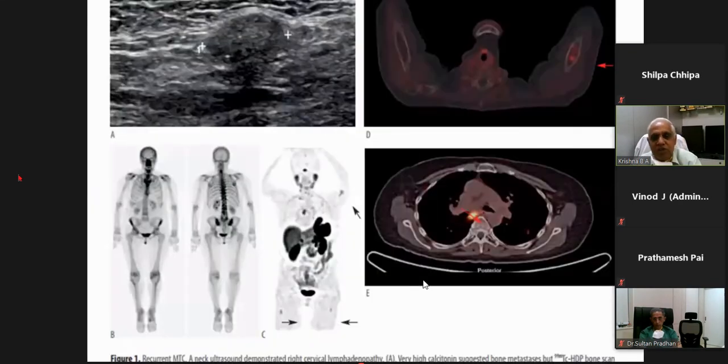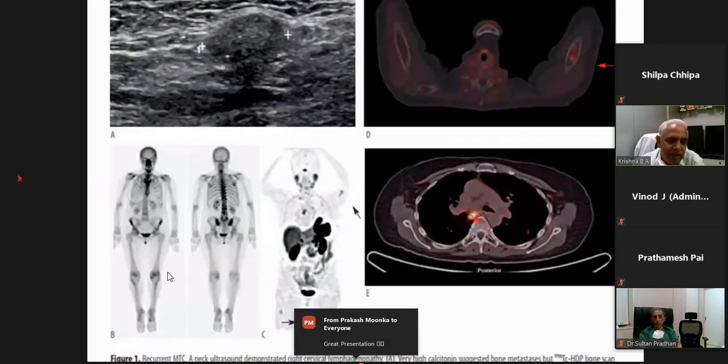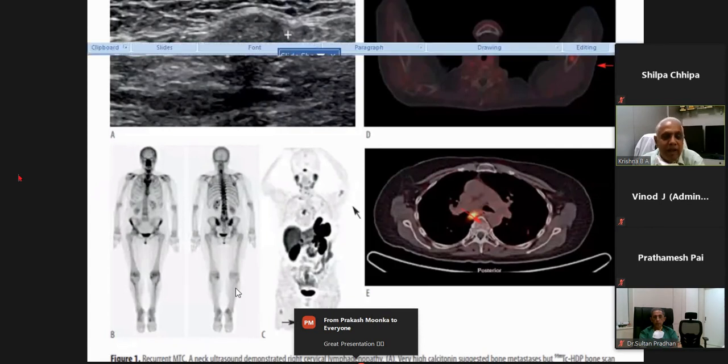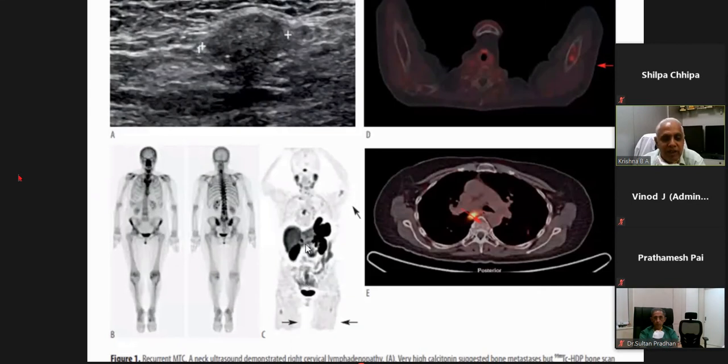This patient, on ultrasound, got a neck node recurrence. Conventional modalities like bone scans are performed. Nothing is seen here. And then you perform a lutetium gallium DOTA scan, which picks up metastasis in the bone like this and in the mediastinal nodal metastasis.